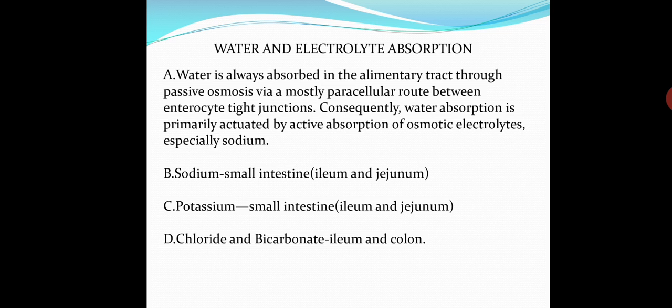Water is always absorbed in the alimentary tract through passive osmosis via a mostly paracellular route between electrolyte tight junctions. Consequently, water absorption is primarily actuated by active transportation or absorption of osmotic electrolytes, especially sodium.